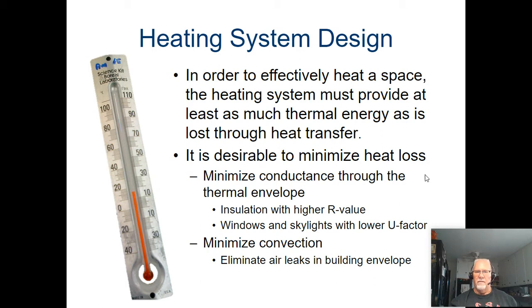So it's desirable to minimize heat loss, and we can minimize that conductance through the thermal envelope by creating better insulation, having our doors and our windows be airtight. Okay, we want to lower the U factor. We don't want that warm to transfer through those windows and doors. And of course, minimize convection, eliminate air leaks in the building envelope.